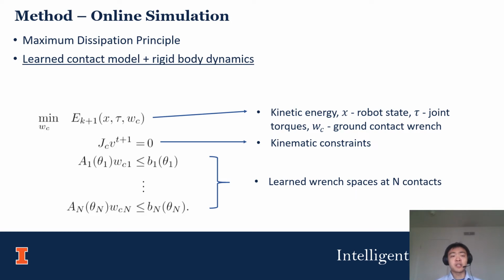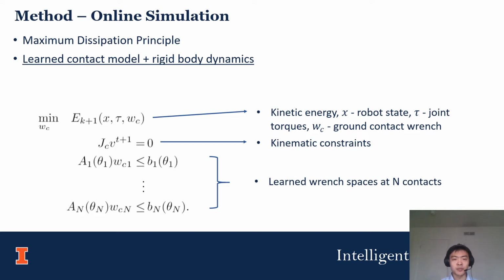In the objective function, we have the kinetic energy of the system in the next simulation frame. X being the robot state, tau is the joint torques, and W_C are the ground contact wrenches. We also have the kinematic constraints for the robot joints and links. Then we have N learned wrench spaces at the N contacts.